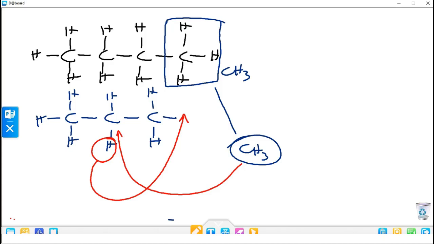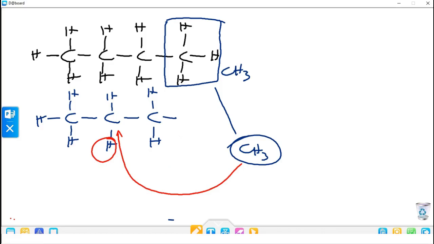The CH3 switches position with the hydrogen that was initially attached to the carbon at the middle. Don't forget, it is not necessary that it must be the hydrogen at the base. You can also attach it to the hydrogen at the top of the carbon. Either way is accepted. We only have to switch hydrogen and CH3.